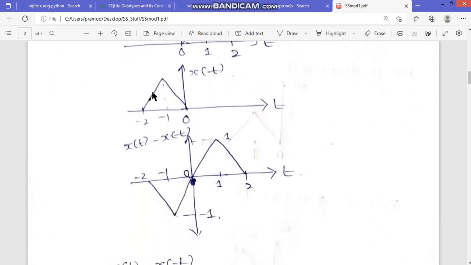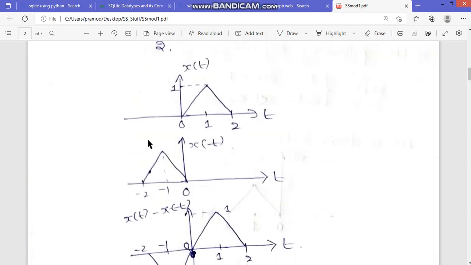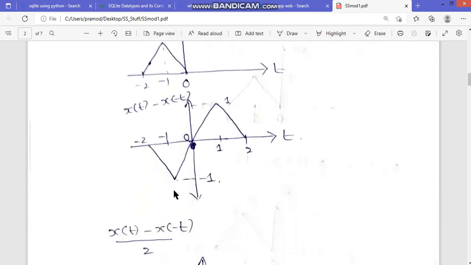So your amplitude value is getting changed. This is plus 1, now it has become minus 1 because we are performing 0 minus 1, and the result is minus 1. In the same way we are getting this minus 1 amplitude here.